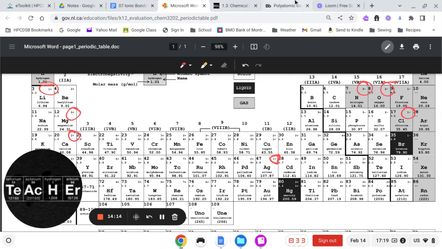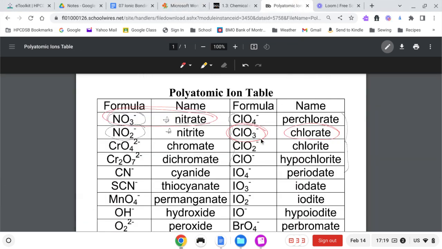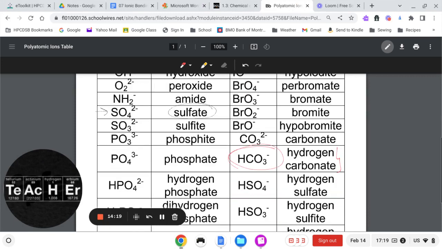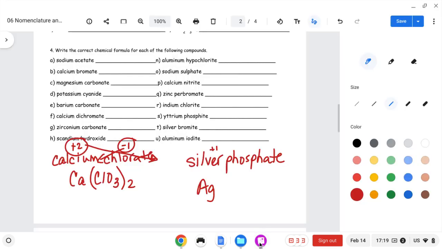So I go to my polyatomic ion sheet. And again, print these off, folks. It's so much easier to have them beside you. And here it is. Careful, because there are all kinds of versions with phosphate, but we just want this one right here. Phosphate's formula is PO4 with a charge of -3.